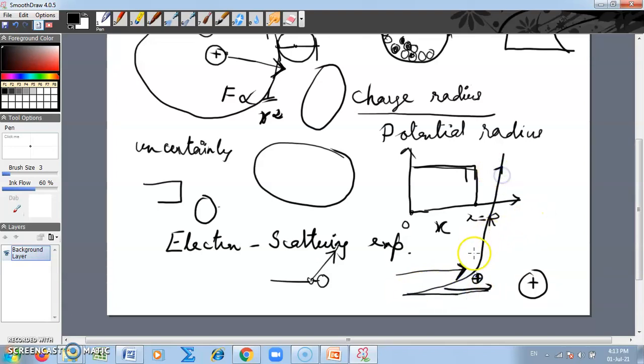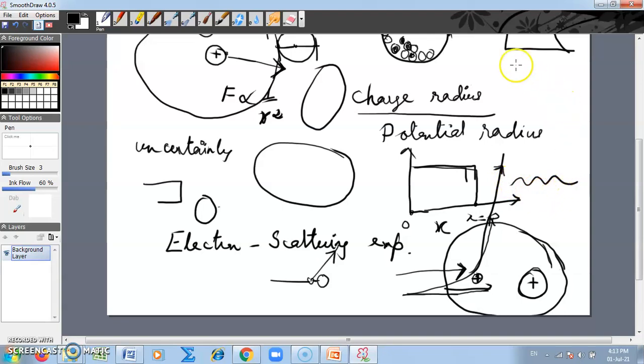So the path gets changed, deviated, and we say that this has scattered this small particle. So this is also scattering. In the case of very small particles, scattering is a very complex phenomenon, because here a particle in motion is equivalent to a traveling wave, which we call the matter wave.